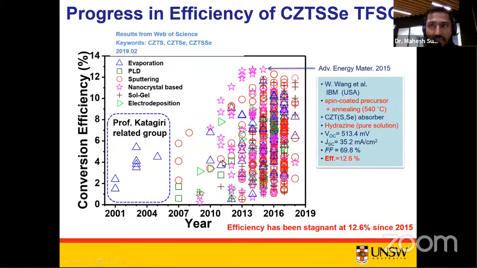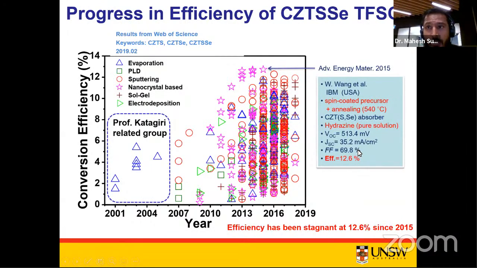So this graph shows the progress in device efficiencies in CZTSSe thin film solar cells. With the first device efficiency of about 2% by Katagiri in 2001 using the evaporation method, a lot of groups came up with different deposition technologies such as evaporation, PLD, sputtering, nanocrystal based, sol gel, and electrodeposition, and showed a record device efficiency of 12.6%, which is about here, by IBM, Wang et al., IBM USA, using this hydrazine-based solution approach.